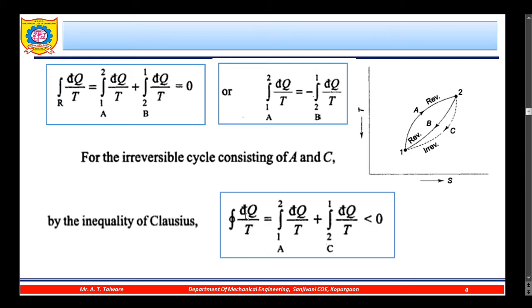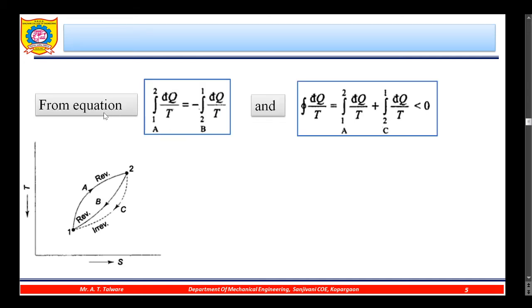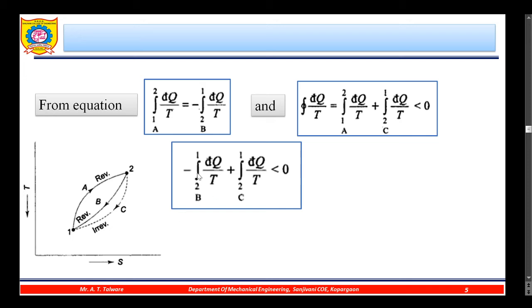The cyclic integral of delta Q upon T is the integration from 1 to 2 of delta Q upon T for path A, plus the integration from 2 to 1 along path C, which is less than 0. From this equation and the one we derived earlier, we can write the integration of delta Q upon T for path B plus the integration of delta Q upon T for path C is less than 0.